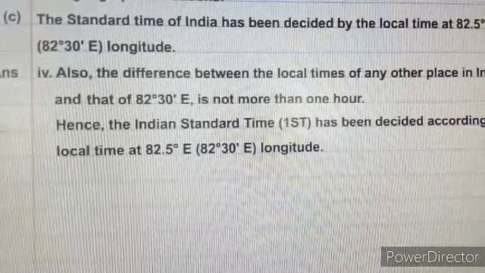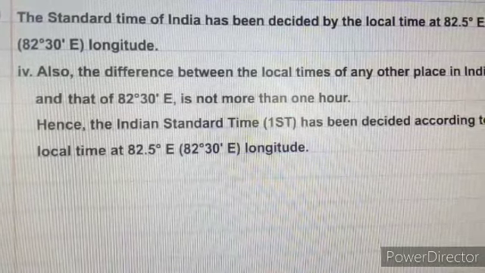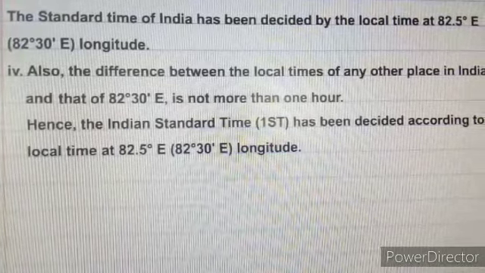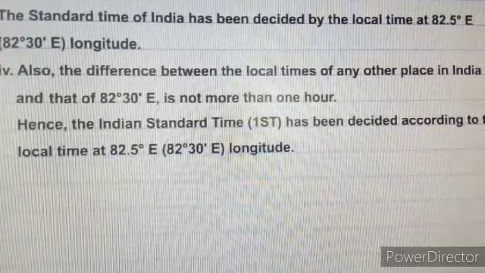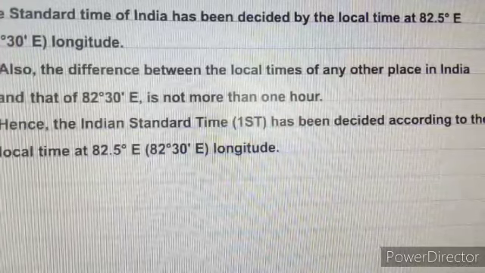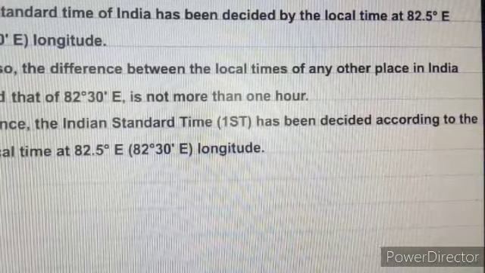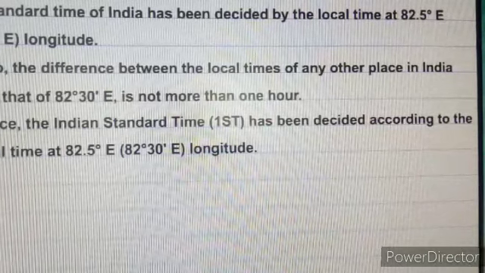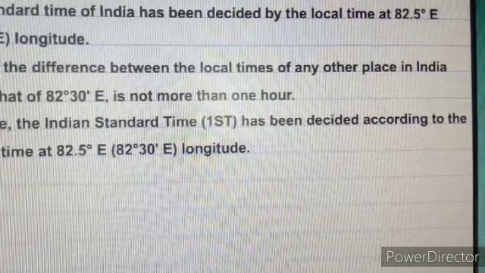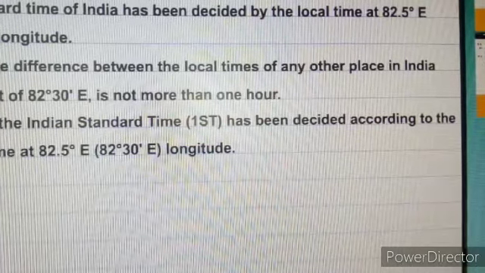Fourth, also the difference between the local times of any other places in India and that of 82 degree 30 minutes east is not more than 1 hour. Hence, the Indian Standard Time, that is IST, has been decided according to the local time at 82.5 degree east longitude.